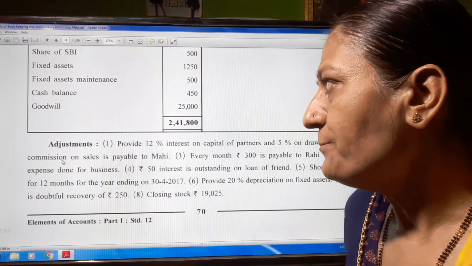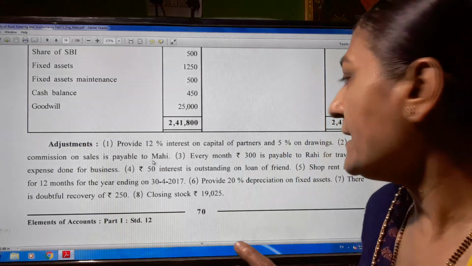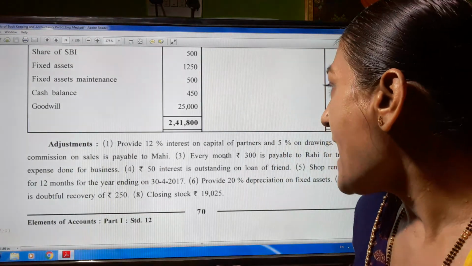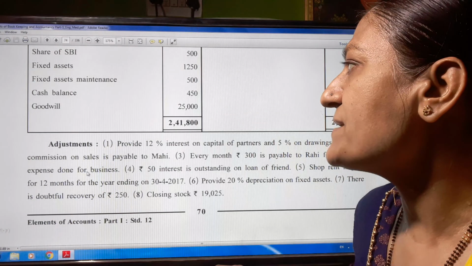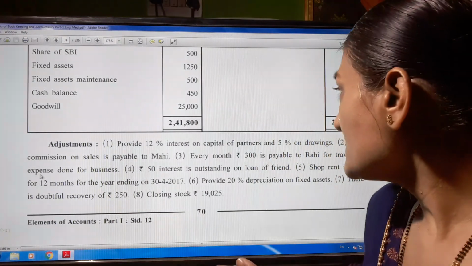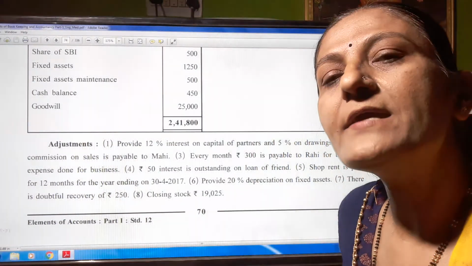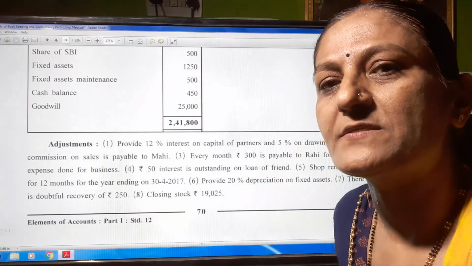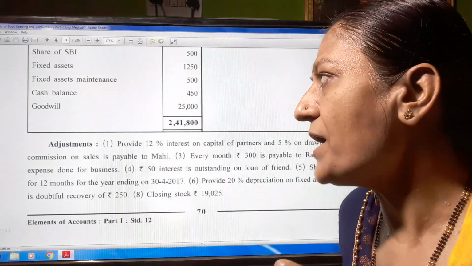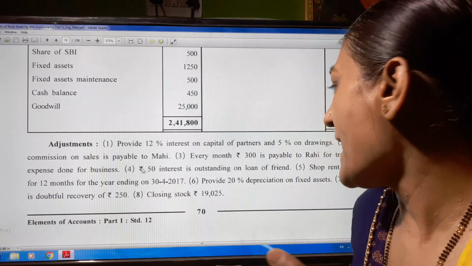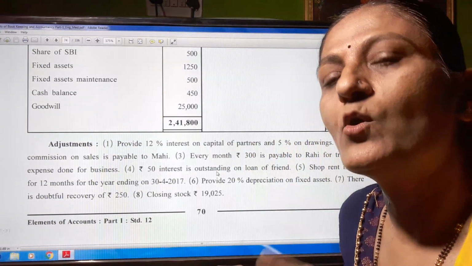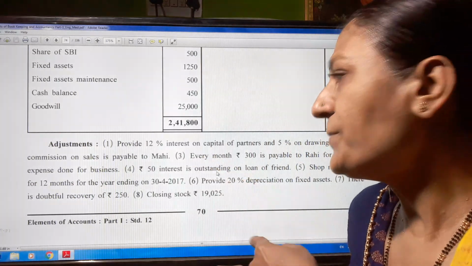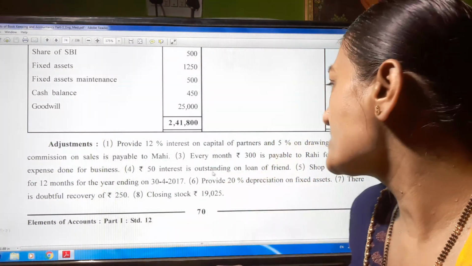Here commission is payable to Mahi and its percentage is 3%. Every month rupees 300 is payable to Rahi for traveling expense done for business. Rahi is traveling for business purposes, and so every month 300 is payable to Rahi. Rupees 50 interest is outstanding on the loan from a friend.